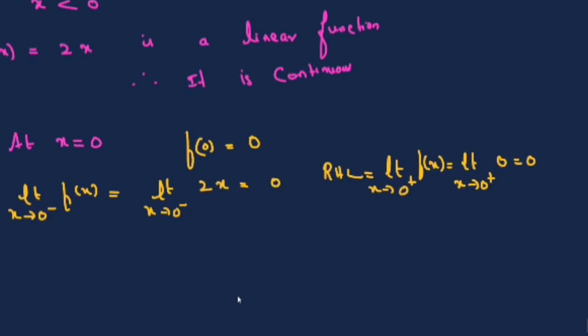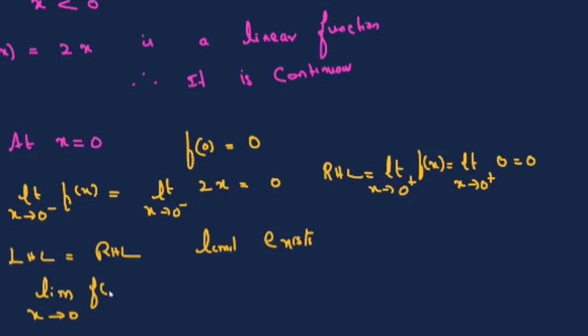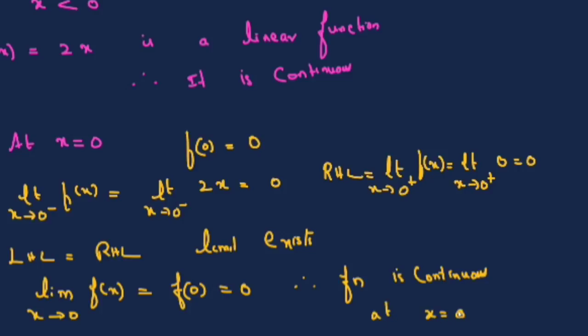So the left hand limit is equal to the right hand limit, and the limit exists, and the limit value is also equal to the function value. Therefore the function is continuous at x is equal to 0.